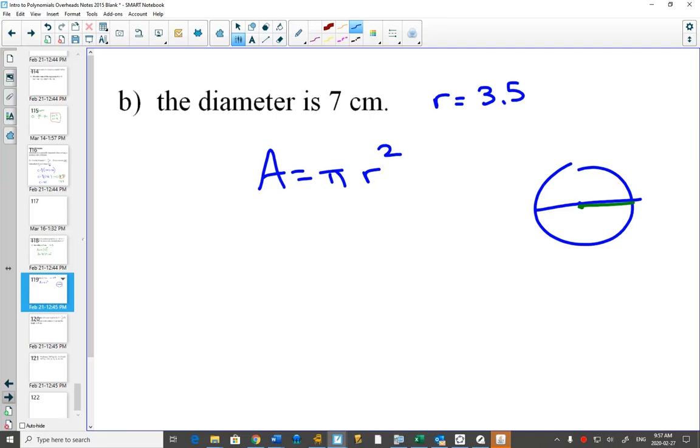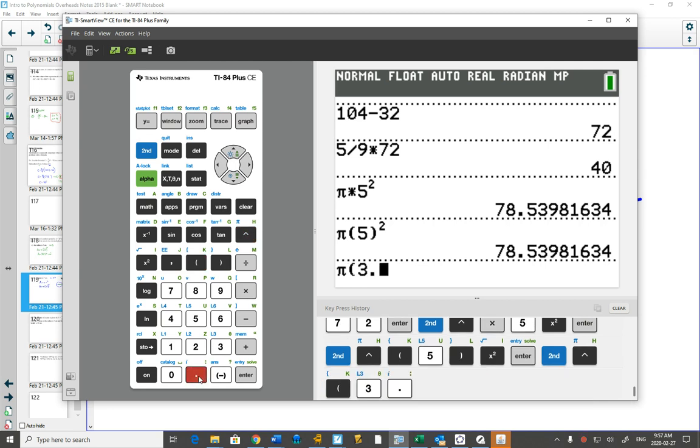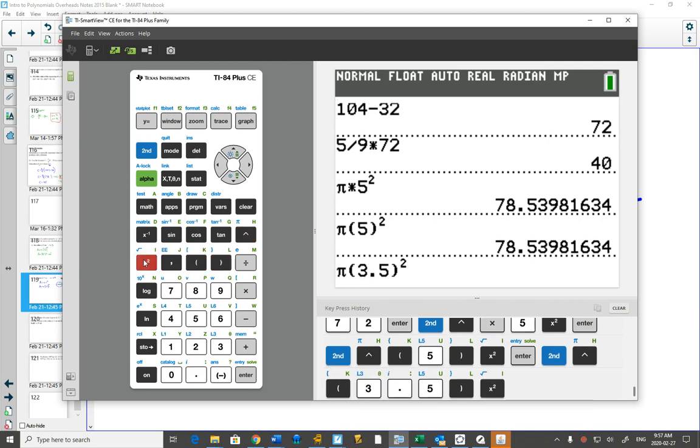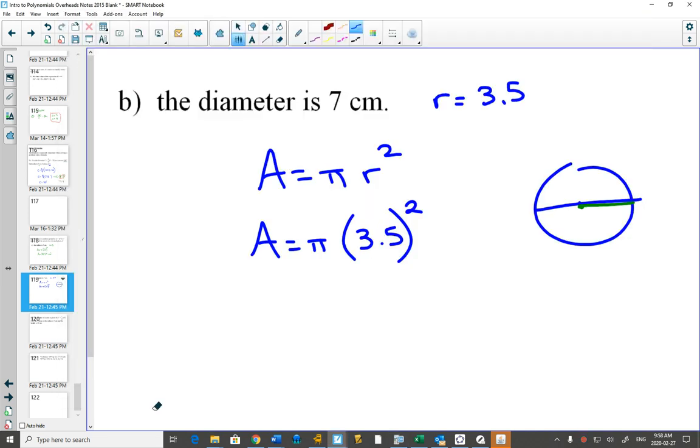And just like before, put brackets, replace the r with 3.5, go to our calculator, pi bracket 3.5 bracket squared, push enter, 38.48. Our units were still centimeters, so our area will be centimeters squared.